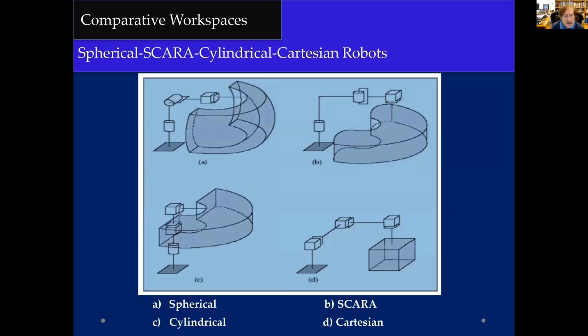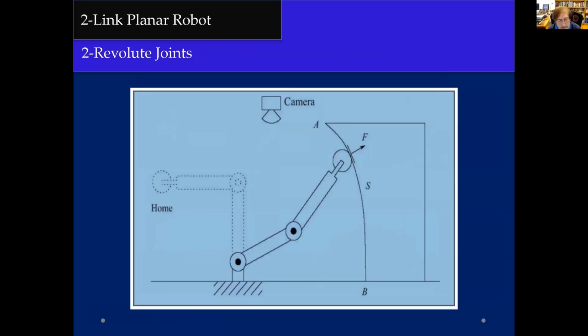Okay, these are the workspaces. We had made an introduction, but this is some sort of repetitive slide. And if you look at it, here you can see a 2-link planar robot, a robot which works on a surface.